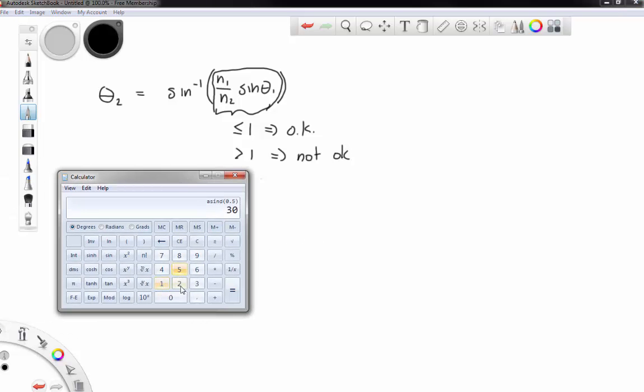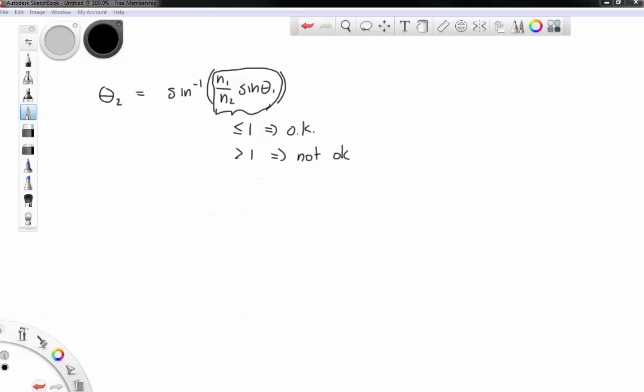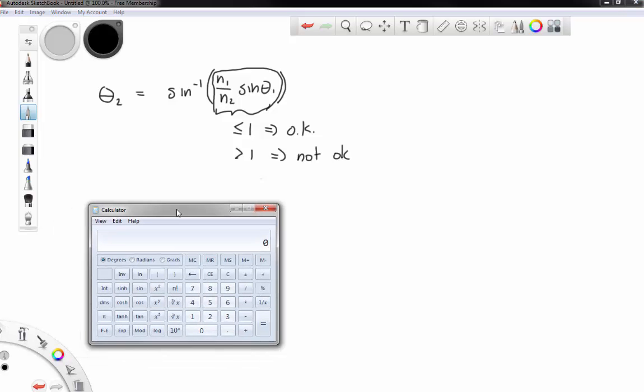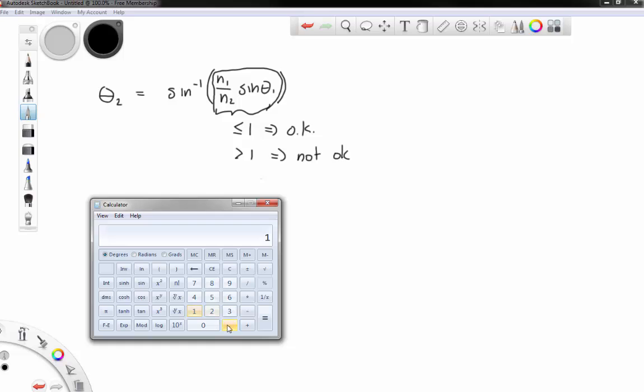Let's put in a random number, let's say 2, and we hit inverse sine. Oh, invalid input. So 2 is bigger than 1, you get an invalid input. Let's go ahead and put in 1.00000, lots of zeros and a 1.